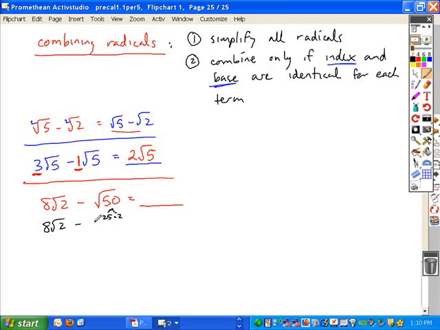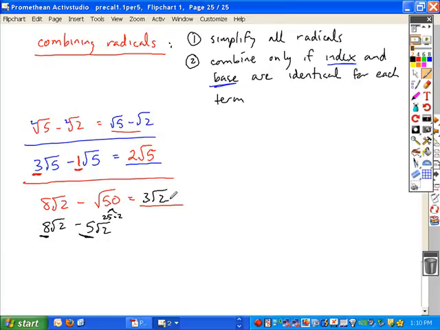The square root of 25 comes out as a 5, the 2 stays inside the radical, and now does it fit this second condition? The index is 2, square root, the base is also 2, so you can combine them. 8 minus 5 gives you 3. Root 2 would be your solution.